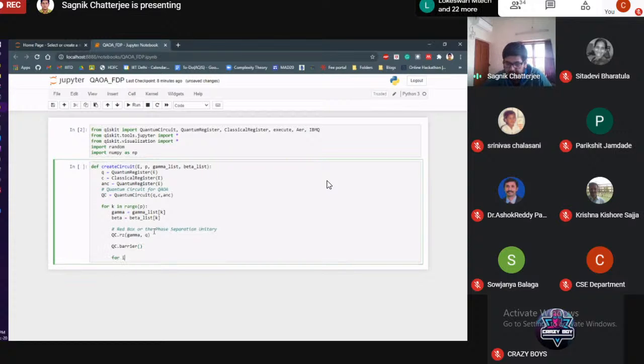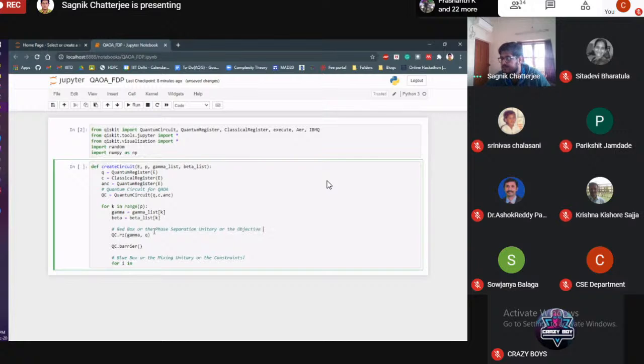Now starts our blue box, or the mixing unitary, or the constraints. So here is the objective function. How do we go about the constraint?